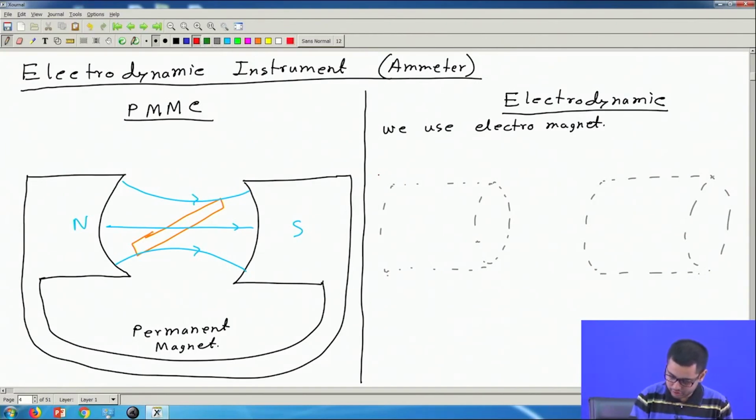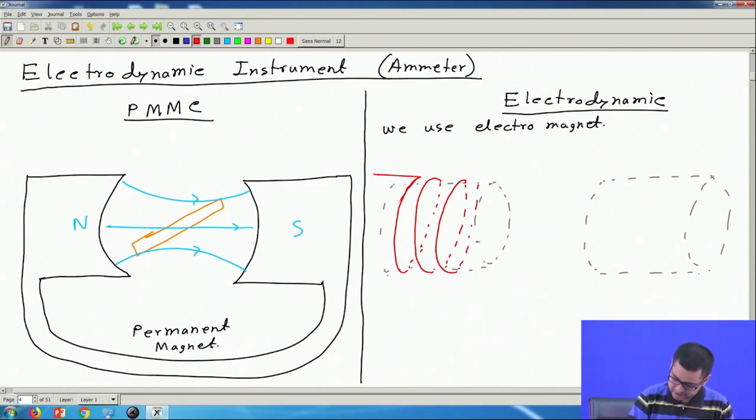I will have one coil like this, so these are the different turns of a coil, and this is one end of this coil and this is another end of this coil.